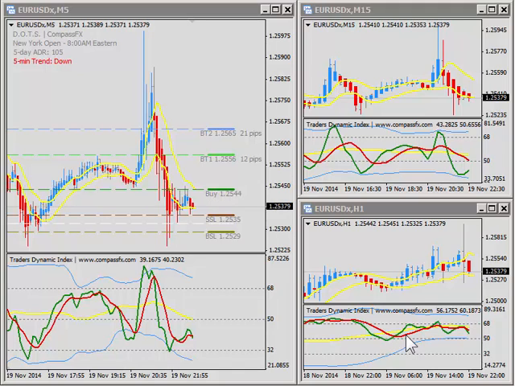However, if the yellow line's continuing to rise, we have a long trend. In this case, you see the yellow rising here, even though the average price bars started coming back here, the yellow line continued to rise during that same period. That means that the undercurrent, the overall direction of the market, is still on an upward trajectory. So in this case, I'm going to wait to see the average price bars continue to move up.